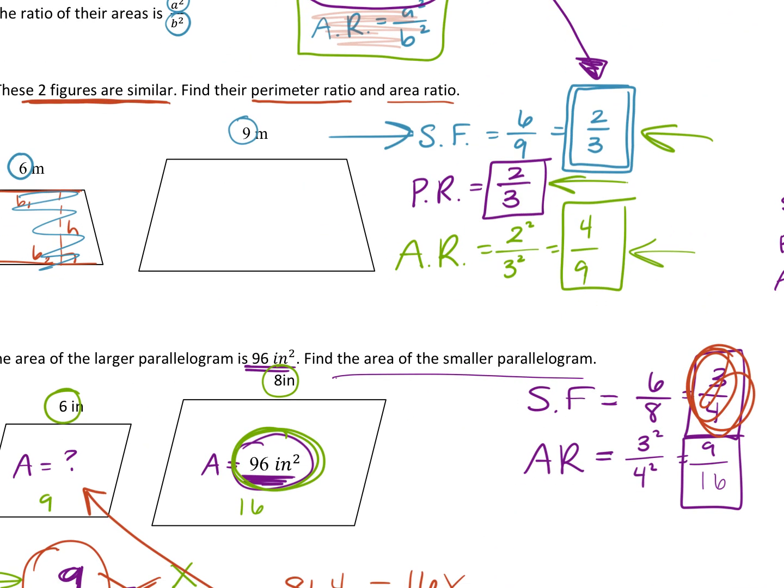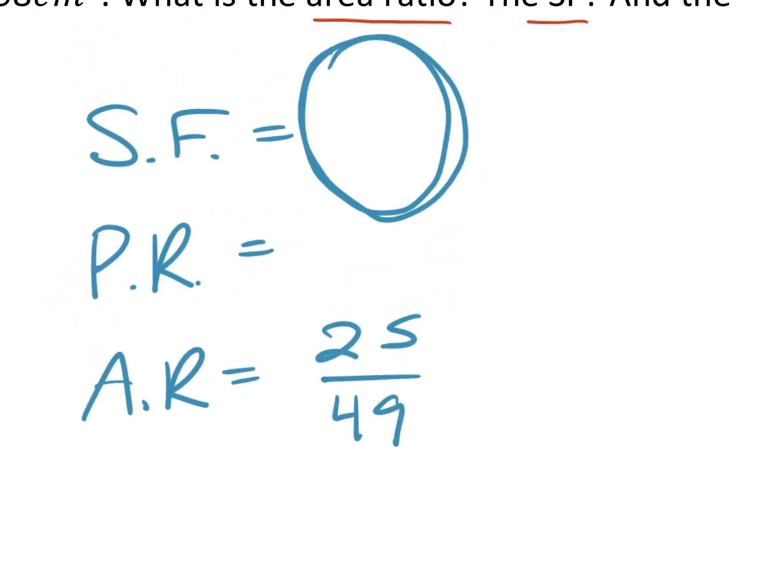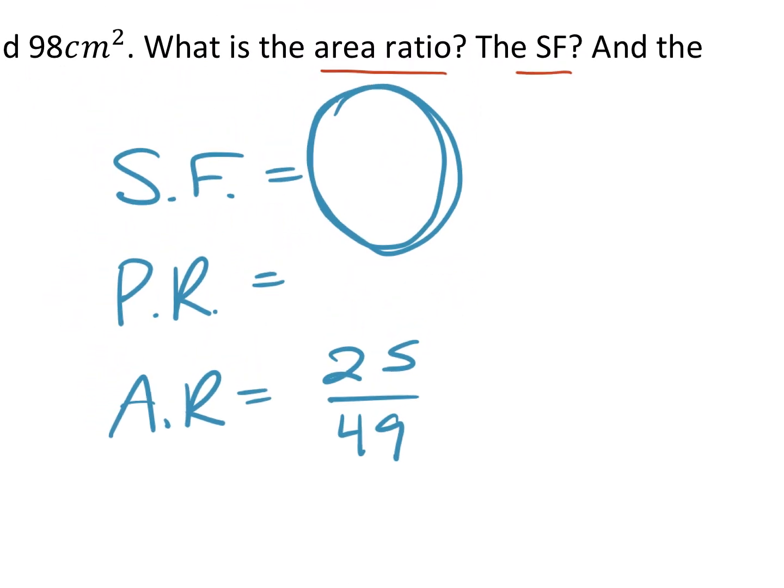If I'm trying to get from the squared version, 25 to 49, you square rooted them, right? Because if this is a to b, and this is a squared to b squared, if I want to get to this, I have to square root both parts, right? So you're going to square root and square root.